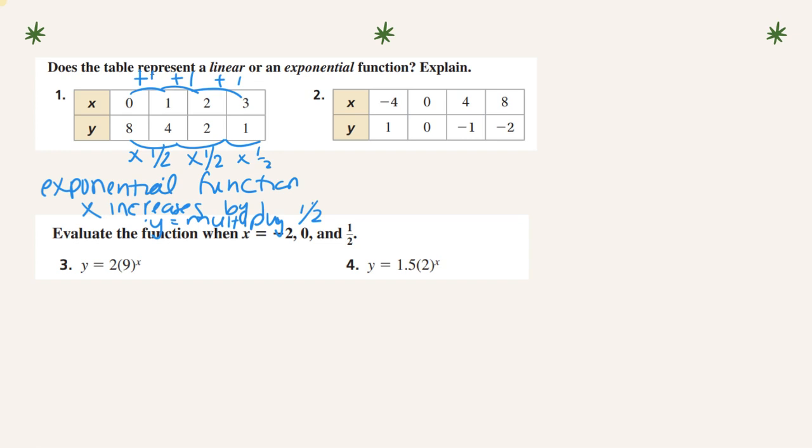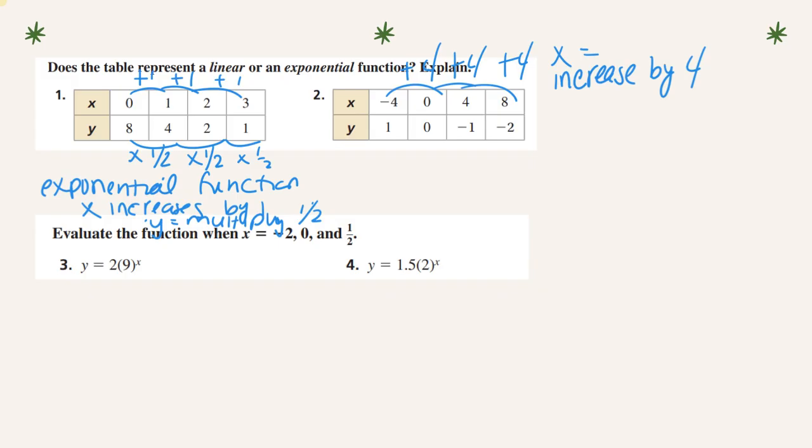Number 2, we know that negative 4 to 0 is plus 4, 0 to 4 is plus 4, and 4 to 8 is plus 4. So this is an increase of x by 4.